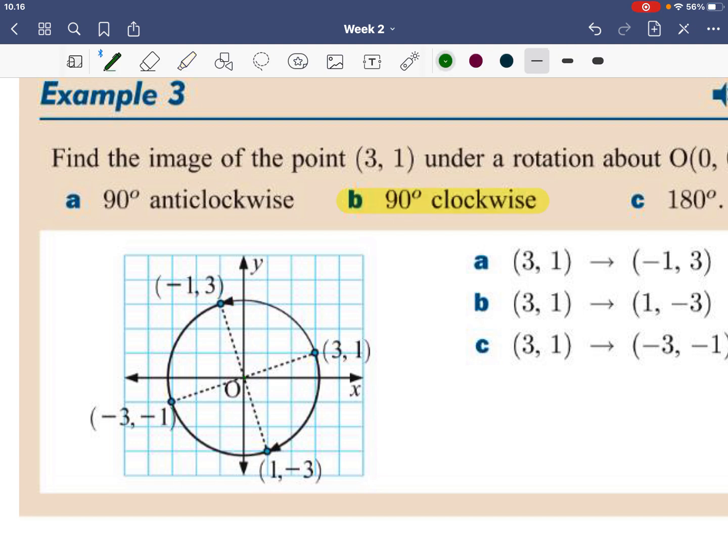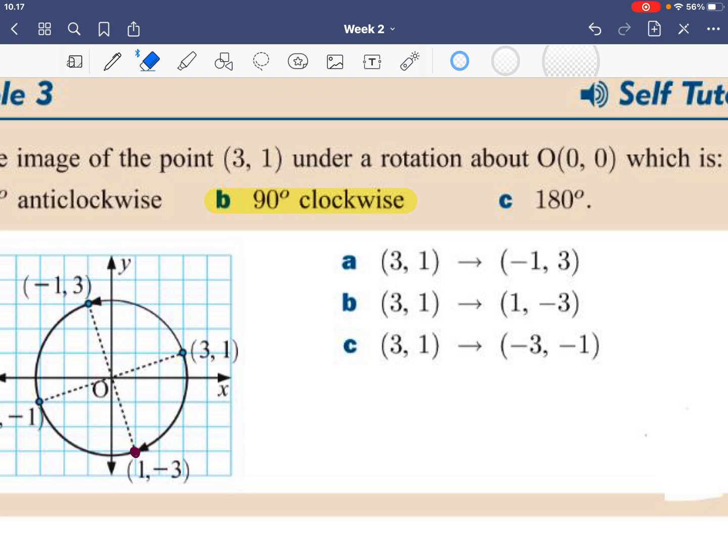Again, start from the origin with your string, holding this point right here. So clockwise is this way. Again, use your protractor, 90 degrees. You'll end up here. Easy.